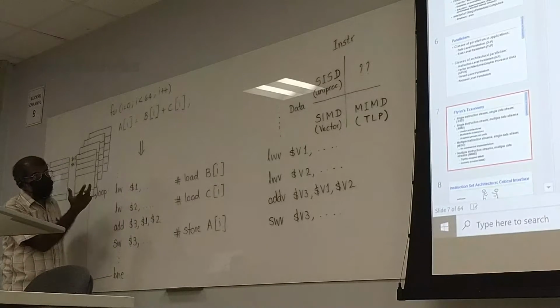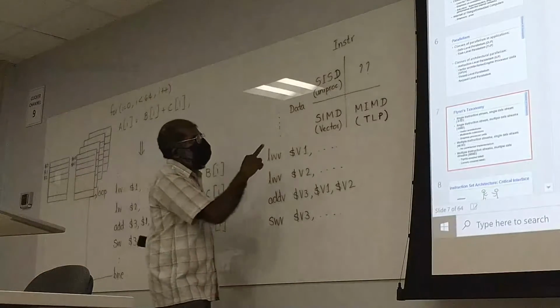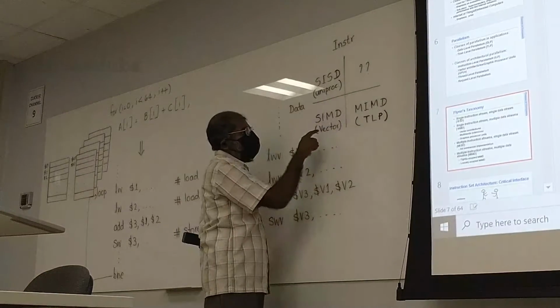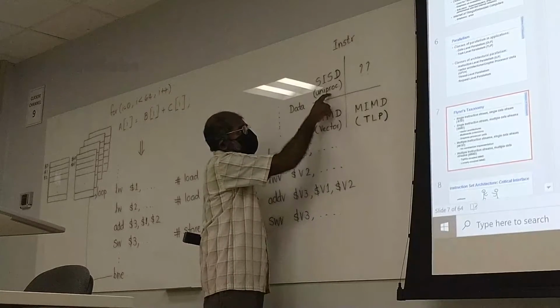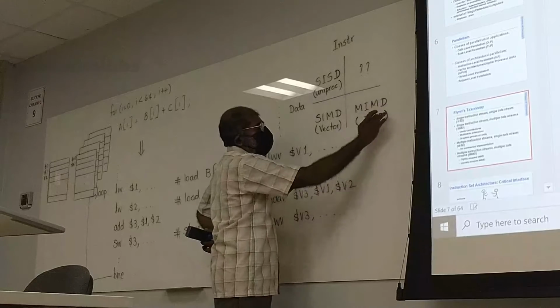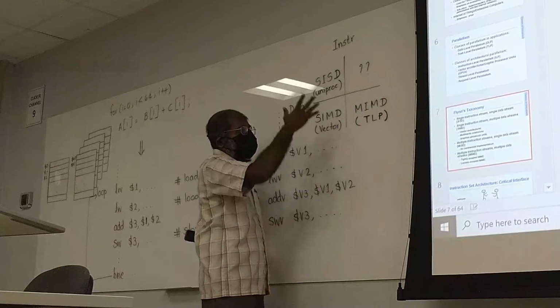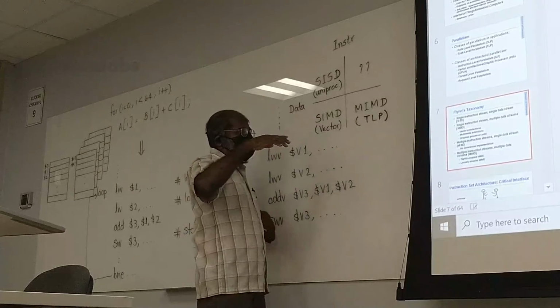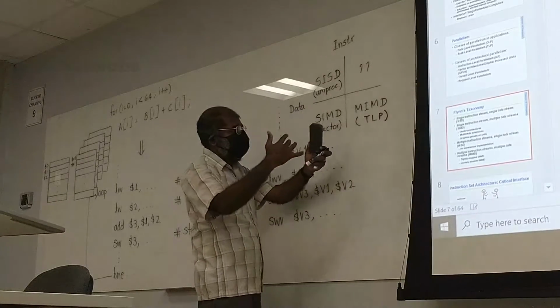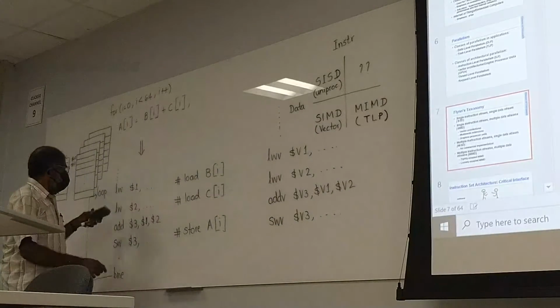Where would that fit? It's not really this. It has to go either there or here. But the way he framed MIMD is in terms of multiple program counters moving along multiple parts of the program. So that was TLP, and this did not fit like that.